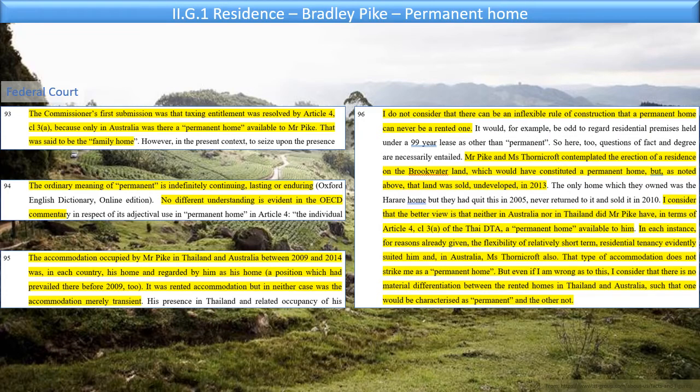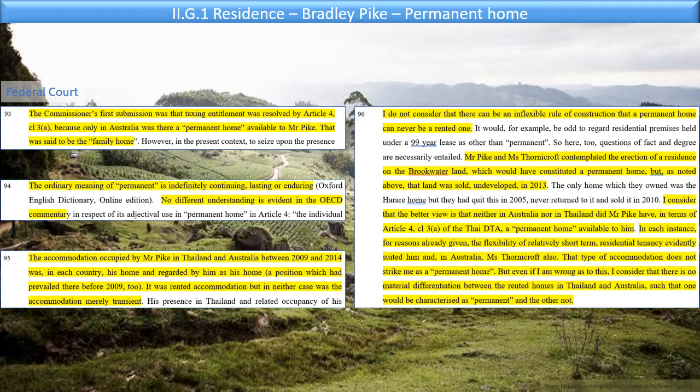And then he goes on to say, okay, so the only home which they owned was the one in Narara, but they quit that in 2005 and never returned to it and sold it in 2010. This is the judge, says, I consider the better view is that neither in Australia nor in Thailand did Mr. Pike have, in terms of Article 4.3a, a permanent home available to him, because these were rented accommodations.